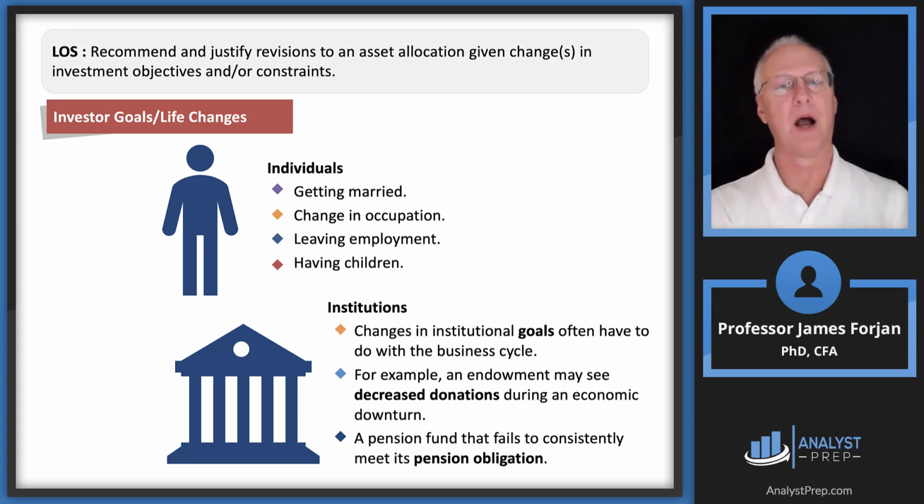Institutions. Let me go back to my college and university endowment fund. What did I say earlier? Some institutions like to use 5% of the endowment fund to help fund operations, but that 5% could change over time for a variety of reasons. Suppose that an institution all of a sudden got a $1 trillion donation.